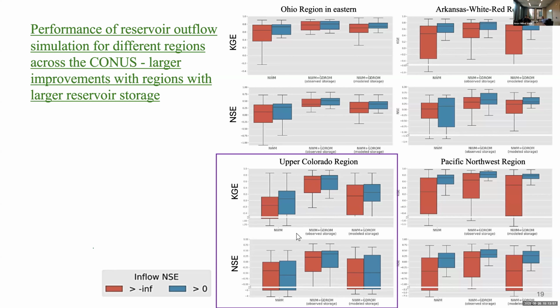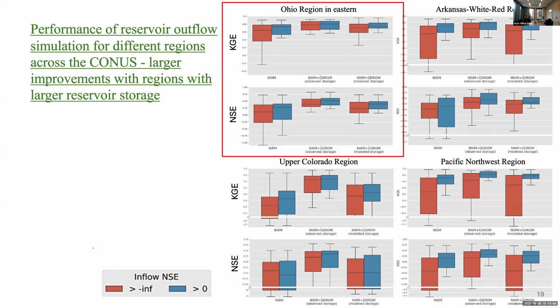But for regions without large capacity compared to the streamflow runoff, like the Ohio region, we still see some improvement with GDROM, but it's not obvious. So that basically means the presence of the reservoir capacity also affects the performance, and for regions with higher reservoir capacity, we need to pay more attention.